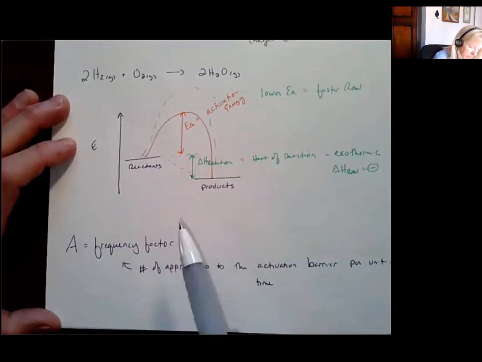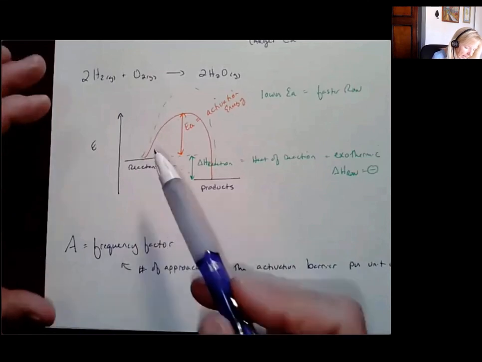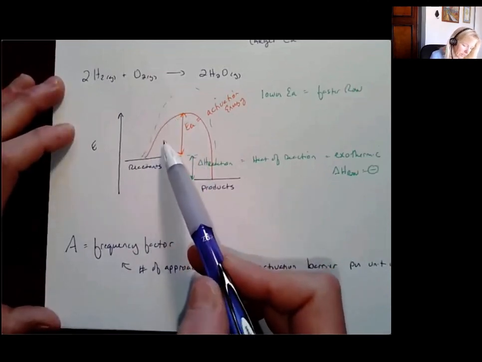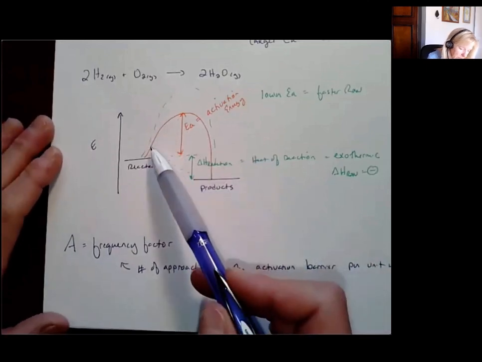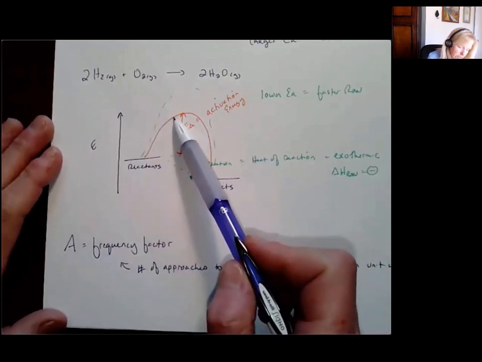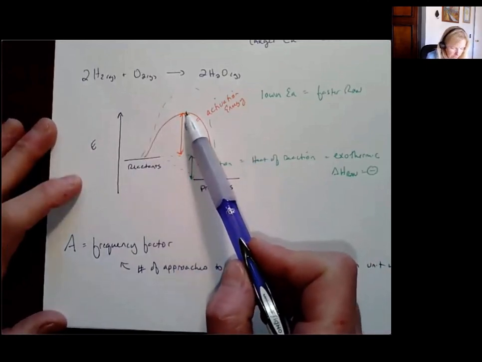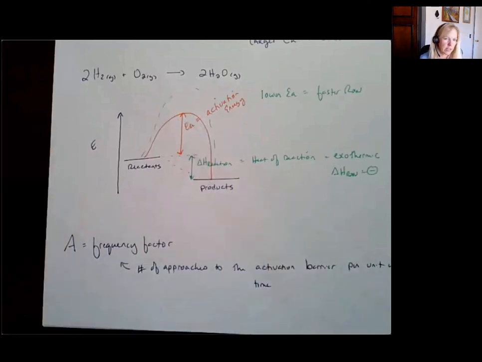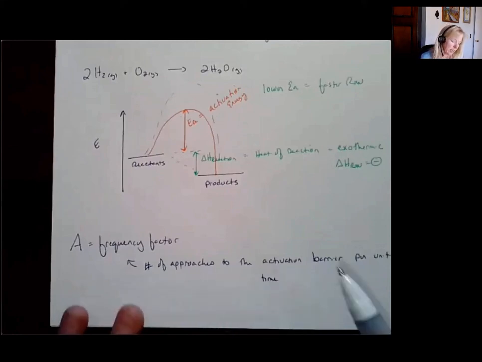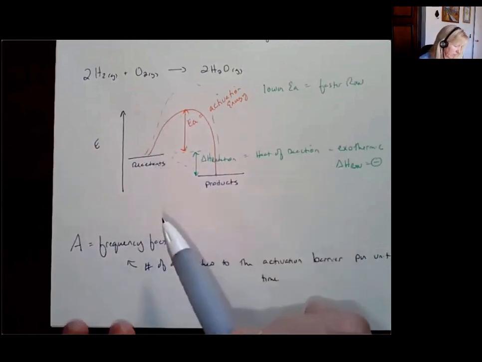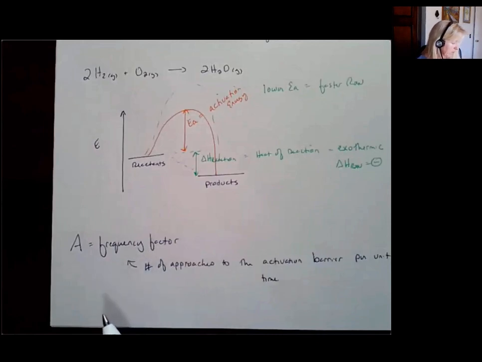So how many times do the reactants collide and approach this activation energy here? You can have many, many collisions, but if they don't have enough energy to get over this activation energy, then the reaction isn't going to occur. So the frequency factor kind of takes that into account. It takes into account the number of approaches and also how successful they are. So all that's going to be in that frequency factor.